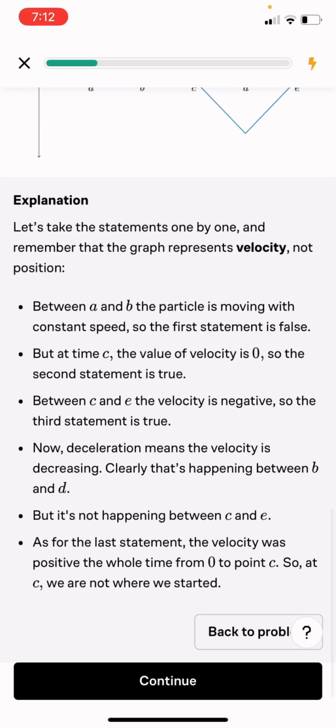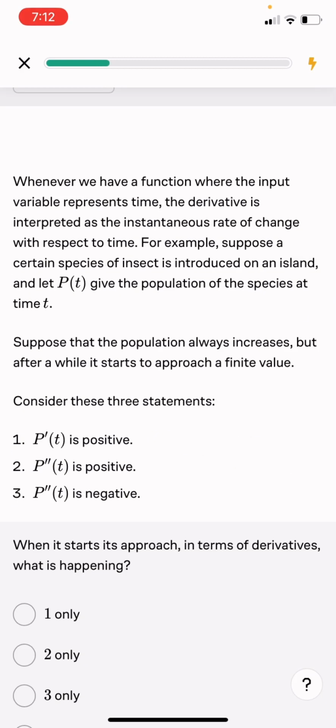Suppose that the population always increases, but after a while it starts to approach a finite value. Consider these three statements: P prime is positive, P double prime is positive, and P double prime is negative. When it starts its approach, in terms of derivatives, what is happening?